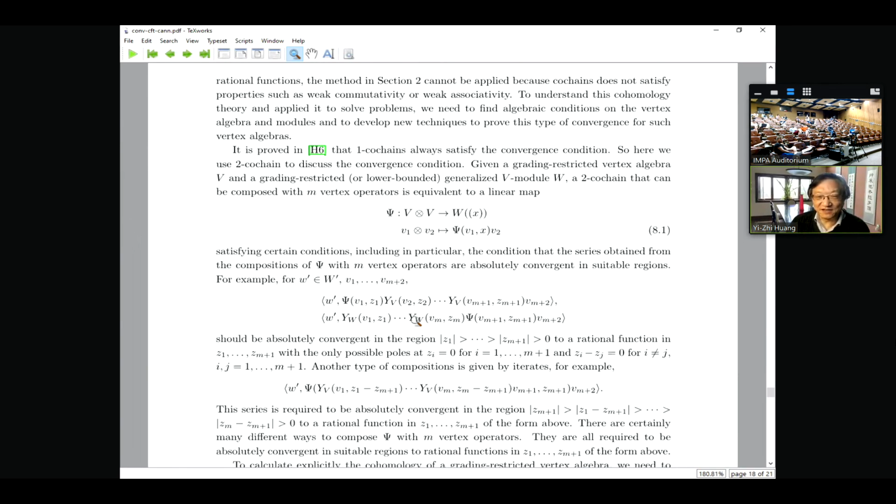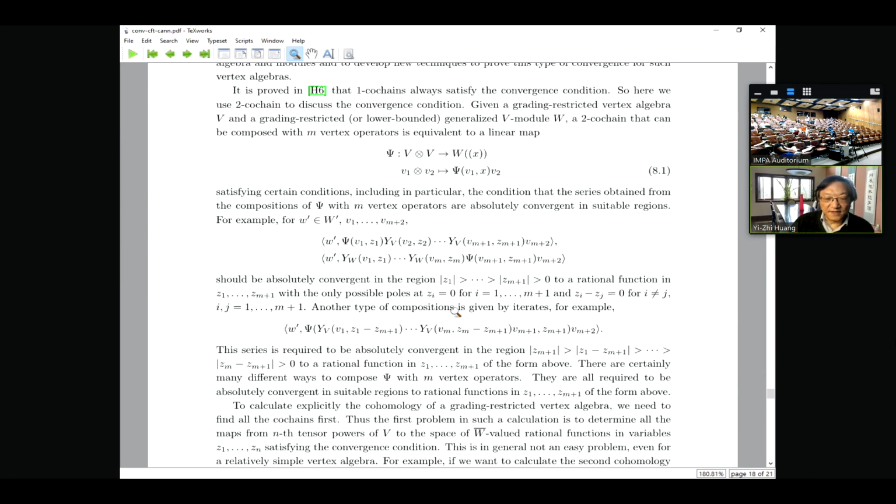Without this kind of convergence, I cannot define the co-boundary operator. Therefore, if you want to calculate the second cohomology, you have to find all those maps such that these things are convergent. So this is not easy. Even for some simple vertex operator algebras like the SL2 affine algebra, this is not easy to calculate.